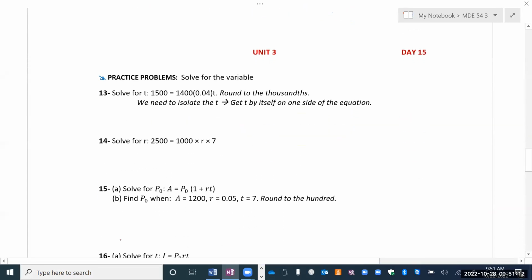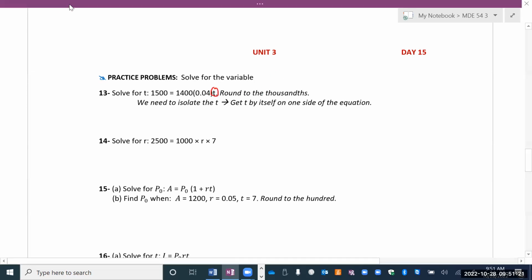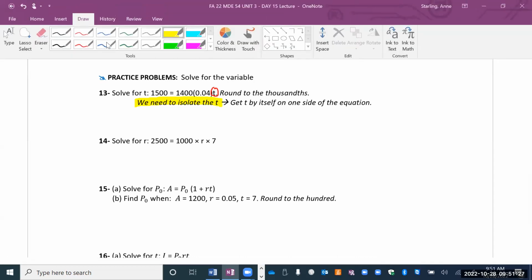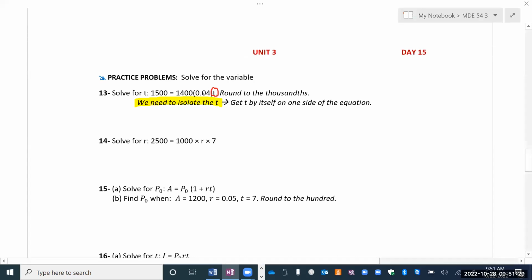We were already moving the equation around. And these, you have to move it around algebraically. So if I want T here, I need to isolate T. In order to do that, I go reverse order of operations. So if I look at T, it's being multiplied by 0.04 and 1,400. So I'm going to divide by those.